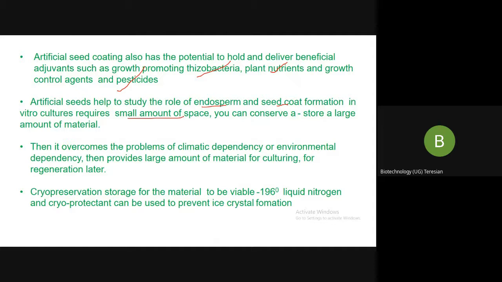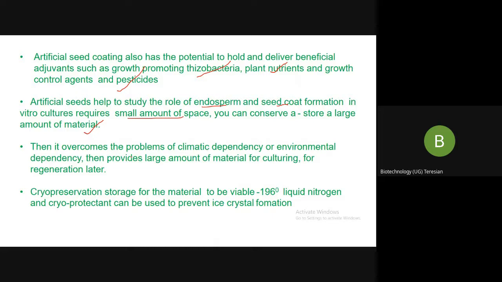Okay, because you saw that in a small space, we are growing so much of plantlets, all in glass bottles, tissue culture bottles. So you can conserve and store large amount of plant material. Then it overcomes the problem of climatic dependency or environmental dependency.